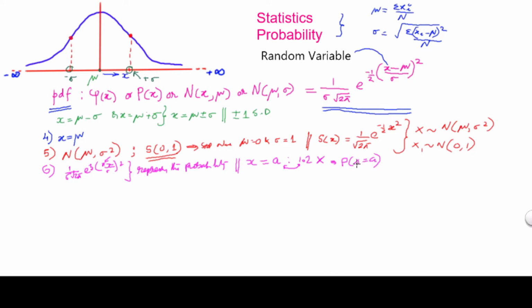What is the probability? That is directly given by the y-axis. If it is 1.2 meter, then I go to the PDF and I find out the probability here. This is nothing but P of x equal to a.